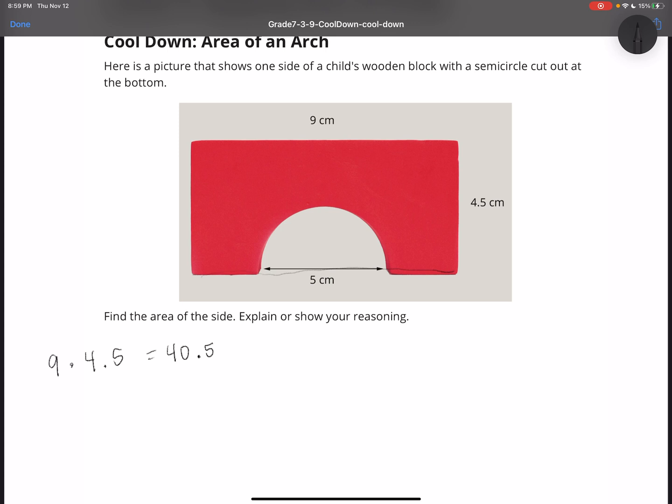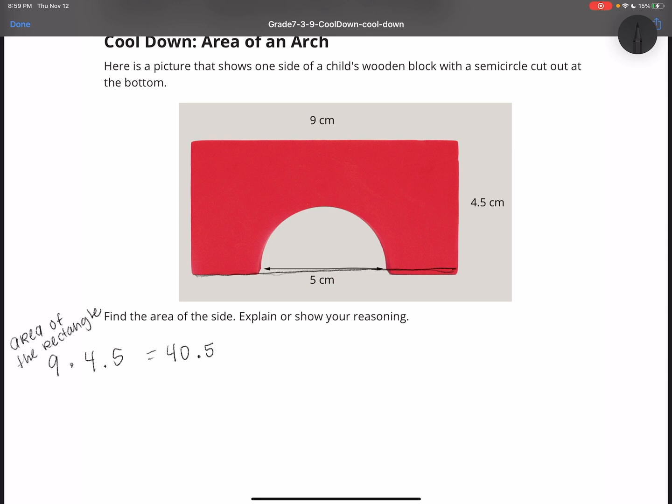Okay, so that is the area of the rectangle. Okay, so I'm going to put area of the rectangle. And if you guys don't see the rectangle, here's how I saw it.